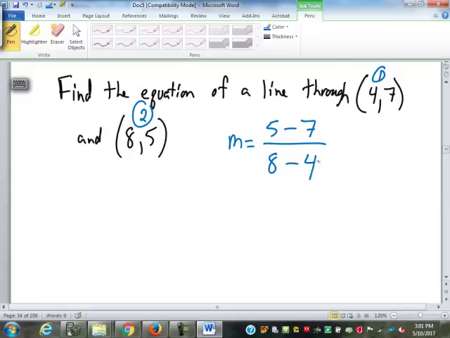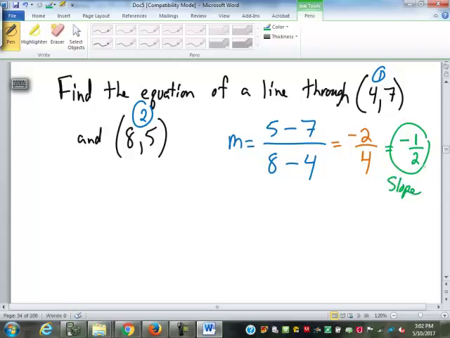Good. So 5 minus 7 is -2. 8 minus 4 is 4. That can be reduced. -2 over 4 can be reduced to -1/2. Wonderful. That is my slope.